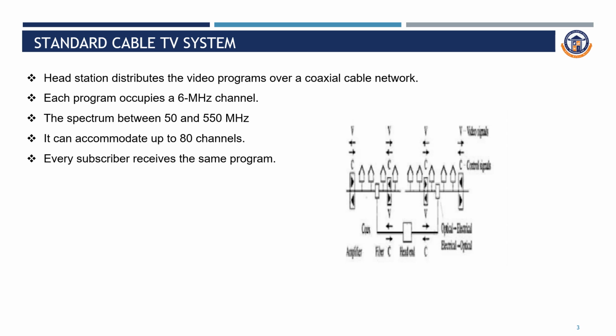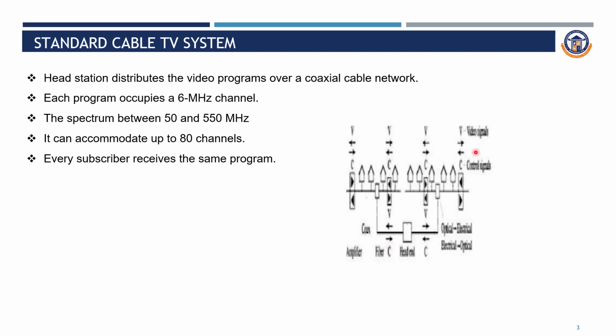This is the standard network cable TV system. If you see, there will be video signals and control signals. These are the cables, an optical cable which has an electrical line, and here an amplifier, a filter, and an overhead jack.